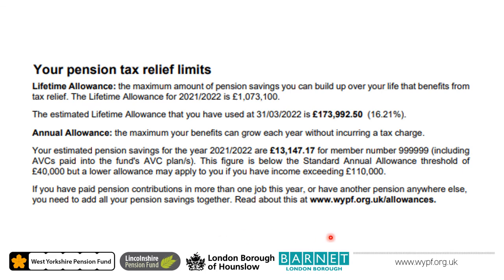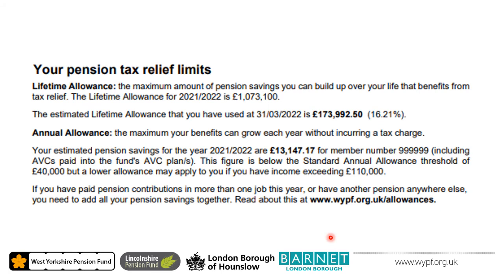We're also showing you your pension tax relief limits. For the vast majority of people, these are really only for information, as you're not going to be affected by them. But the government has in place a lifetime allowance. That's the maximum amount of pension savings you can build up over your lifetime that can benefit from tax relief.